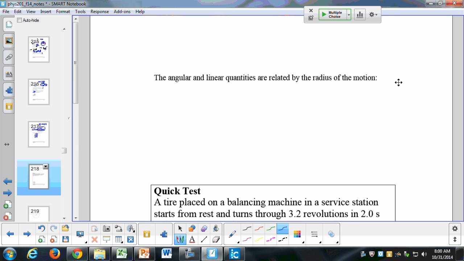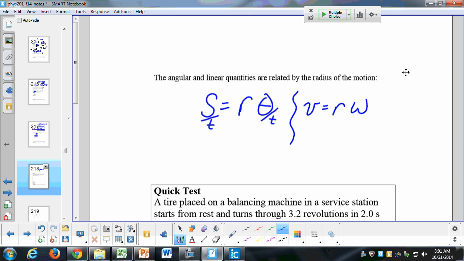We've already seen this sort of when we did the arc of a circle. Remember that was s equals r theta? Right. Well, it shouldn't be a big reach for you then to say, if I divide both sides by t, that's going to give me the expression for v. And so v will equal r omega.